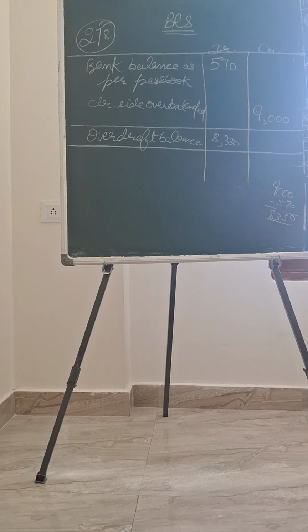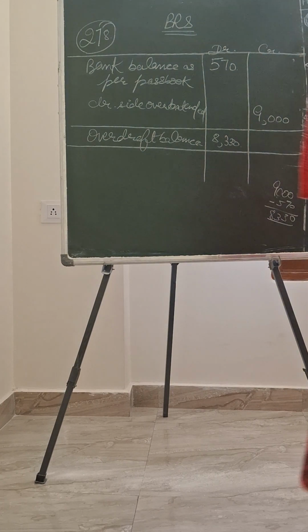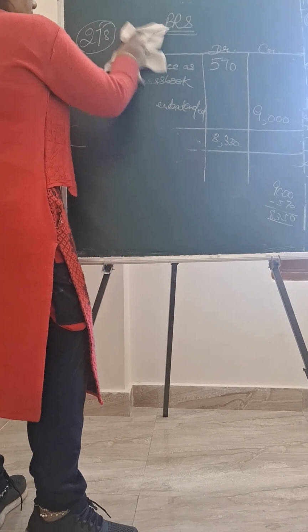Now to summarize the bank reconciliation statement, the BRS, we will write it down. Now there is a summary in question number 279. That is very important.